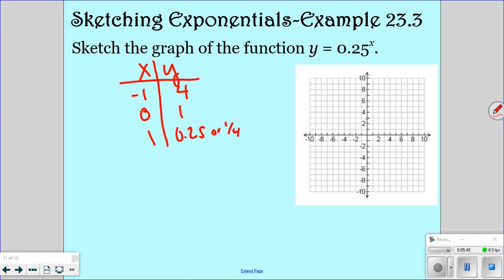So we plot (-1, 4), (0, 1), and (1, 1/4). And then if you graph your exponential, it'll look something like that. So that's how you sketch exponentials. It's not terribly difficult. You just have to plug in numbers and then plot those points.